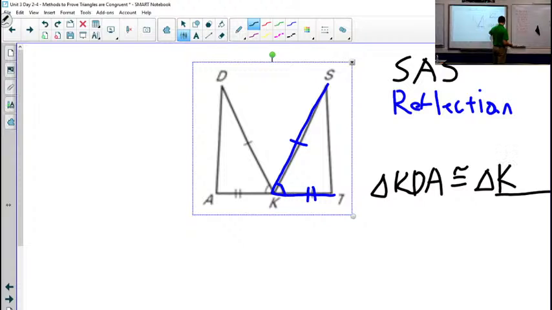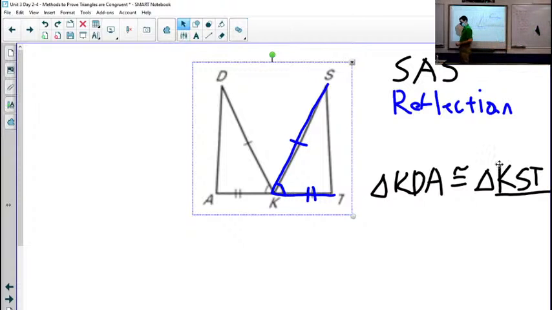K matches up with K. D on this triangle matches up with, on the other triangle, S. And then A matches up on the other triangle with T. So KST is how you want to fill that in. Questions on that one?